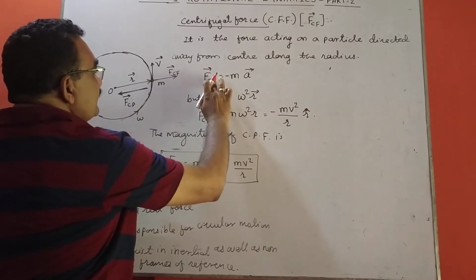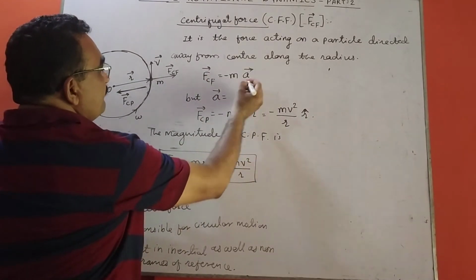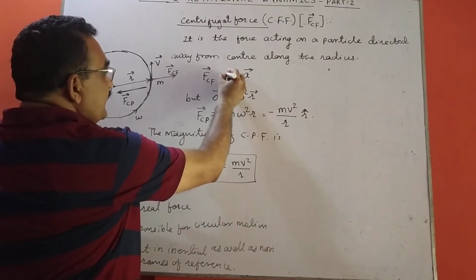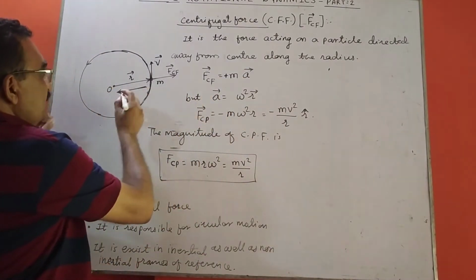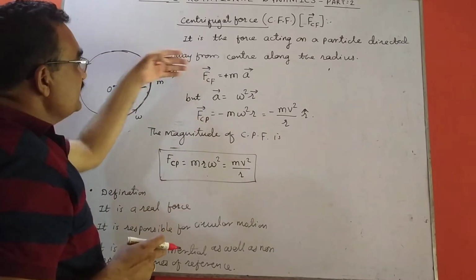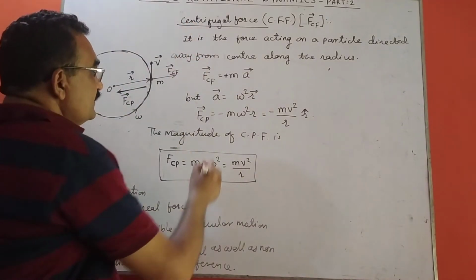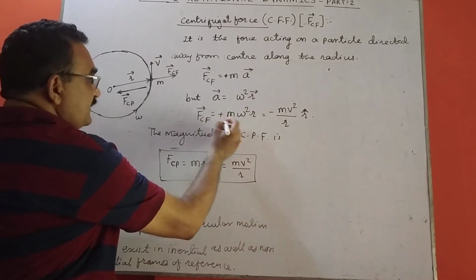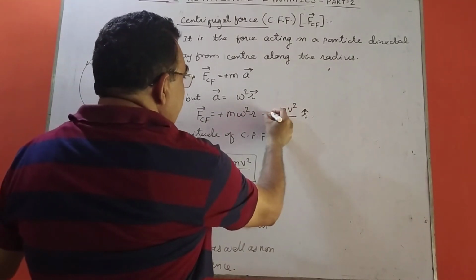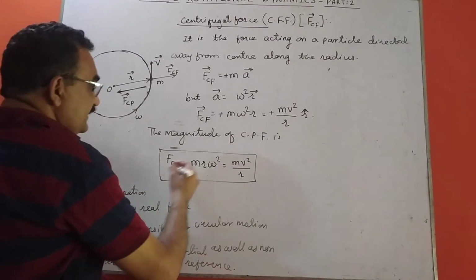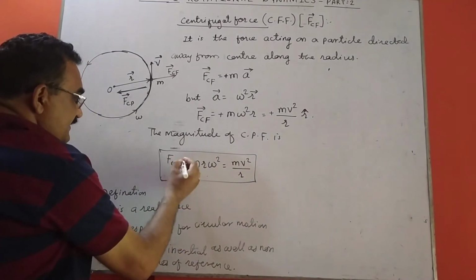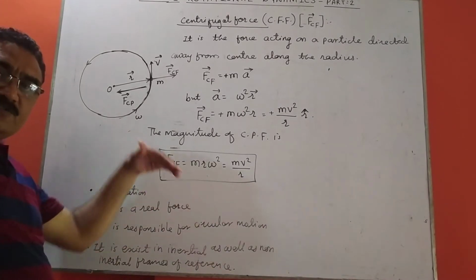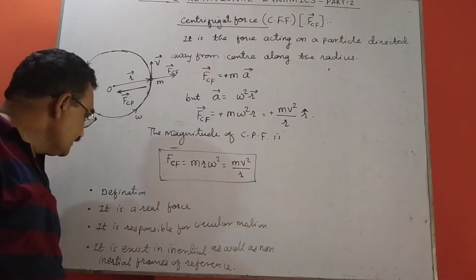Now this FCF is again given by this, but there is a positive sign because both R and CF are in the same direction. So we can put this value. Again here is a positive sign. The magnitude of this is the same as the magnitude of centripetal force.